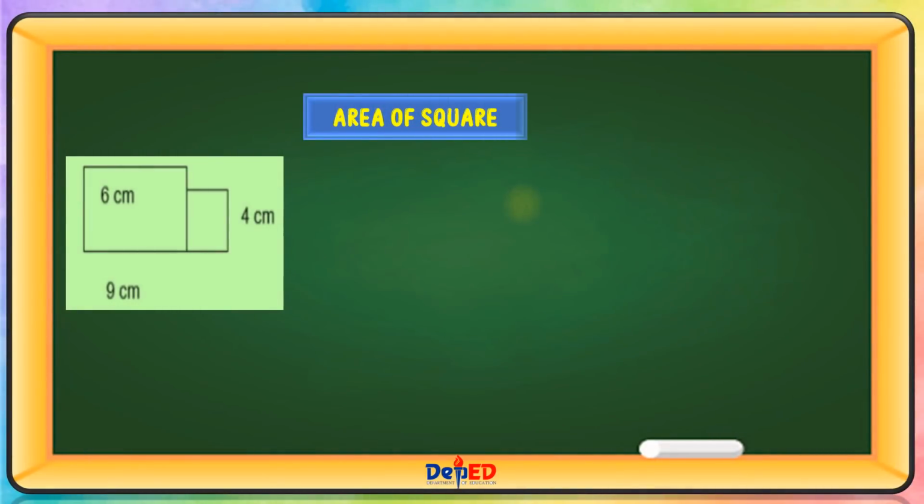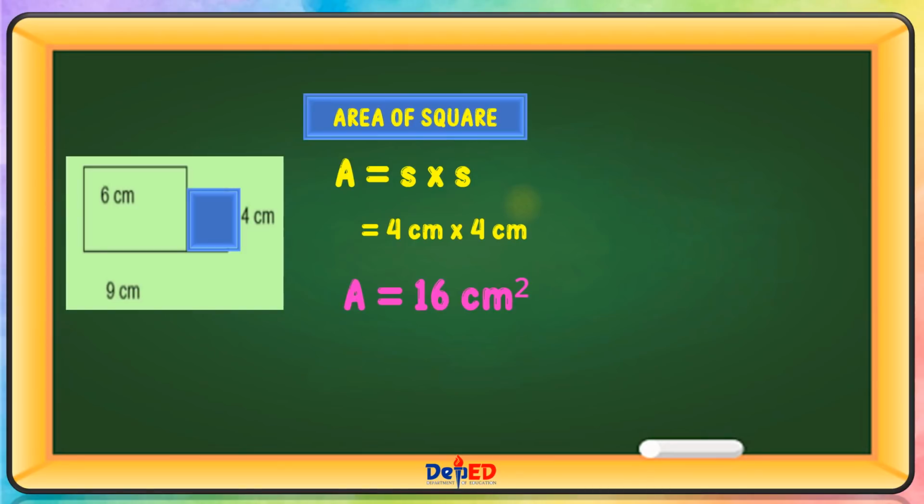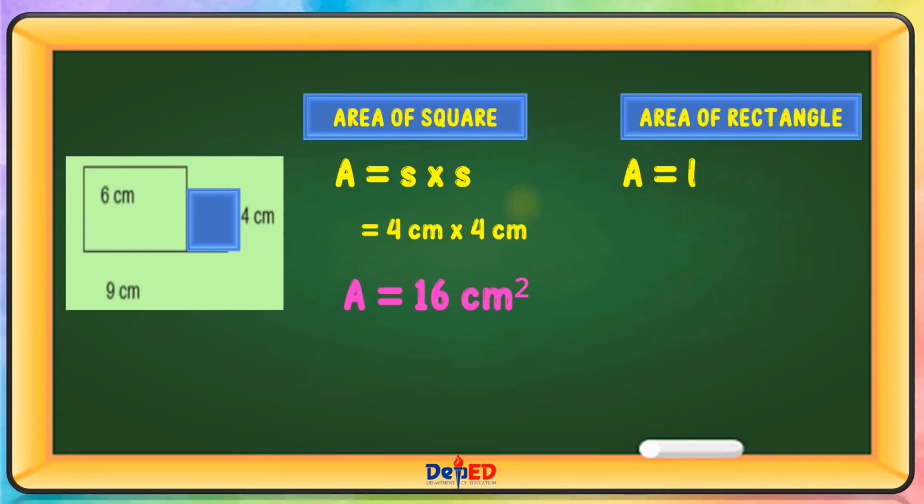Area of square. Ang ating formula sa square ay side multiply by side. Meron tayong 4 cm times 4 cm equals 16 cm squared. Area of rectangle. Ang ating formula ay length times width.